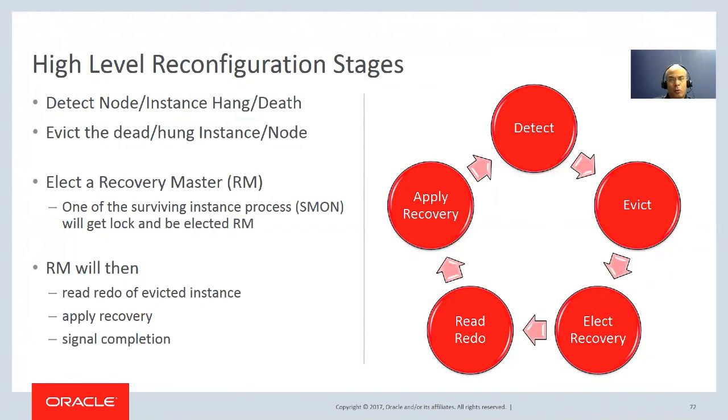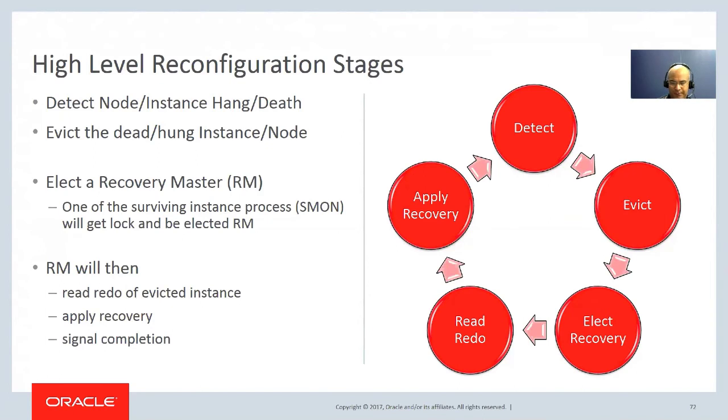So what happens is we have a stage called reconfiguration, and there are various specific sub-stages in reconfiguration. Regardless of whether it's clusterware or the RDBMS, or a manual thing by the customer where they flipped off the power switch, regardless of what causes it, there are some high-level stages of reconfiguration.